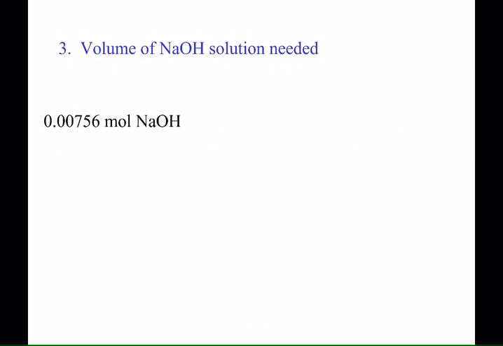Okay, so notice how I have titles on each of these 3 different parts. So we're piggybacking on the moles of NaOH that we got from the previous calculation, 0.00756 moles of NaOH. Now what is our next term going to be? We're actually going to use the molarity of NaOH. So go back and let's see if I can find it in my notes right quick.